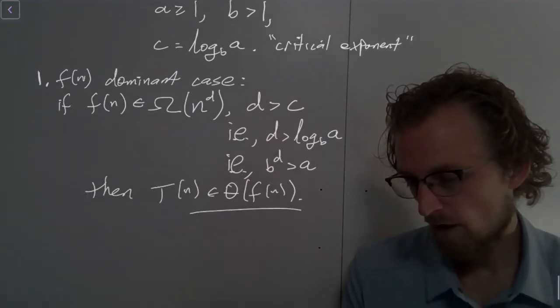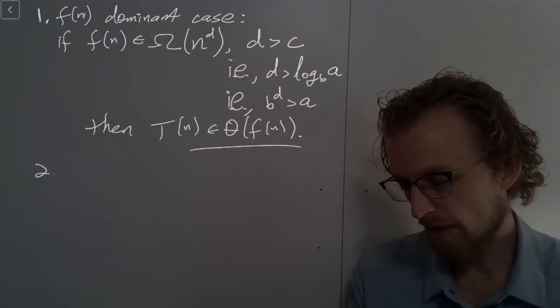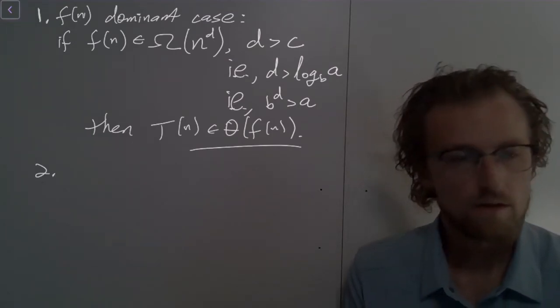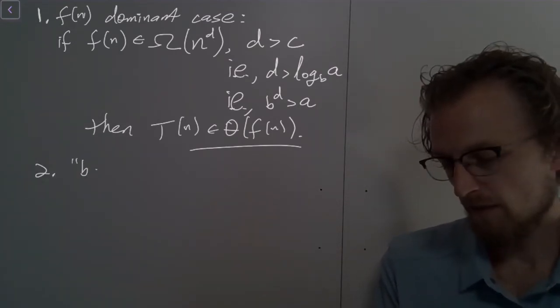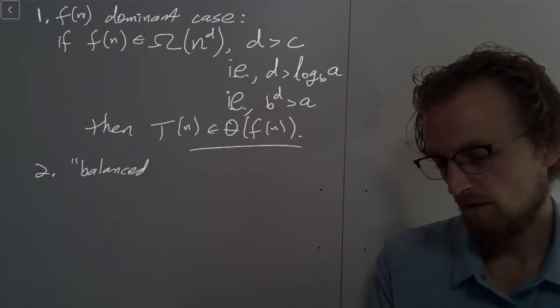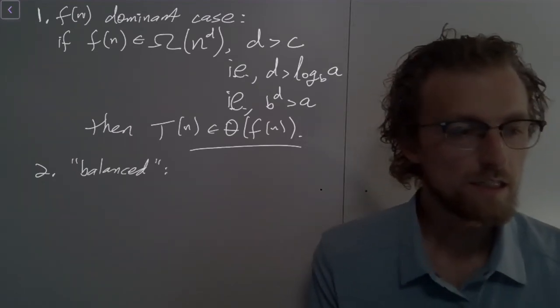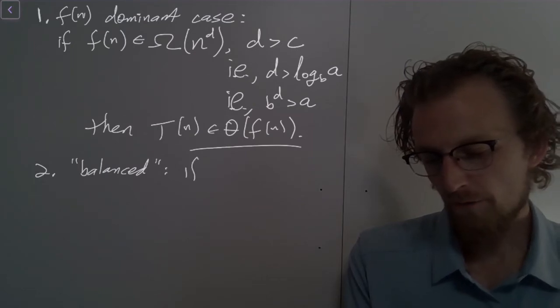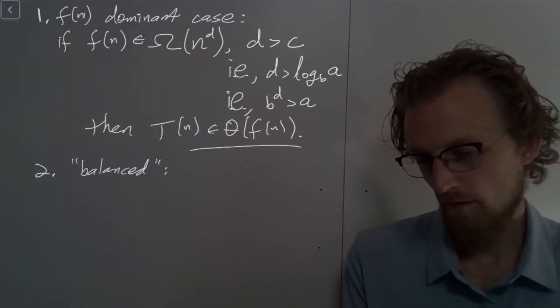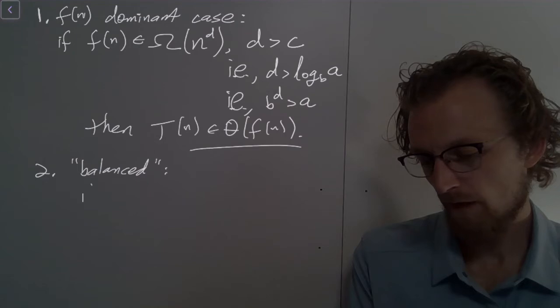Okay? So case number 2 is what I'll call the balanced case. Balanced works like this. If f of n, again we have a condition on f of n.